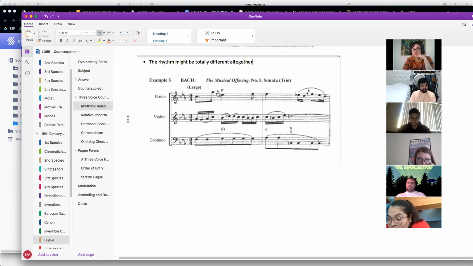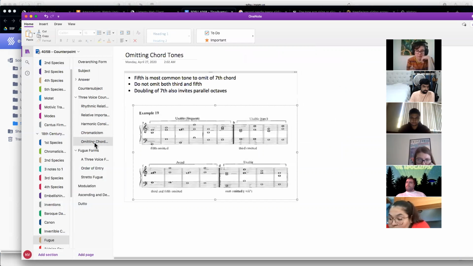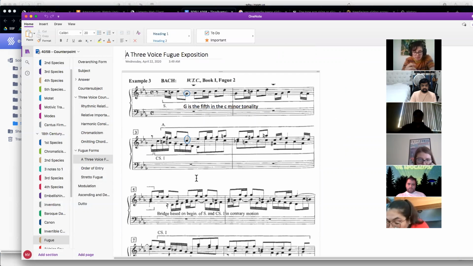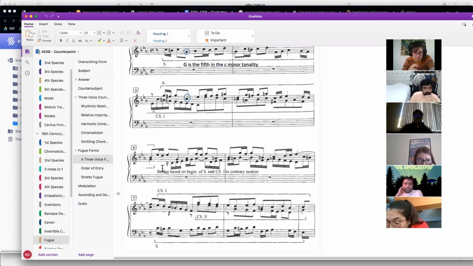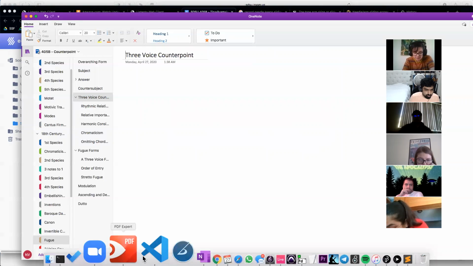Yeah, so I guess we haven't talked about 3D voice counterpoint yet. There's a lot of things that I could say about that. But let's see, I'm trying to remember an example of a fugue that doesn't have a counter subject. And I think I know one.